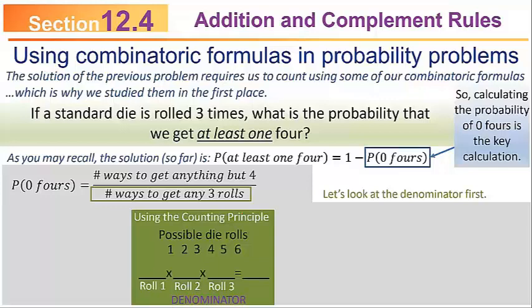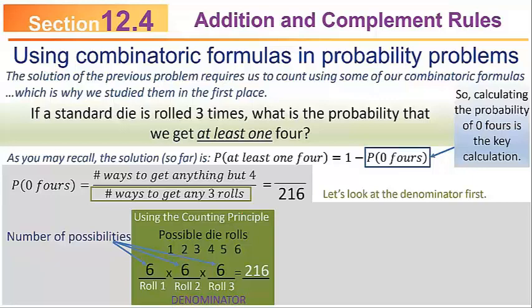The counting principle says to multiply them together. So the number of possibilities for the first roll, well, there are 6 possibilities. As for the second, there are still 6 possibilities, and for the third, there are still 6 possibilities. So the counting principle says the possible die rolls you can get when you roll 3 times is simply 6 times 6 times 6, which happens to be 216.